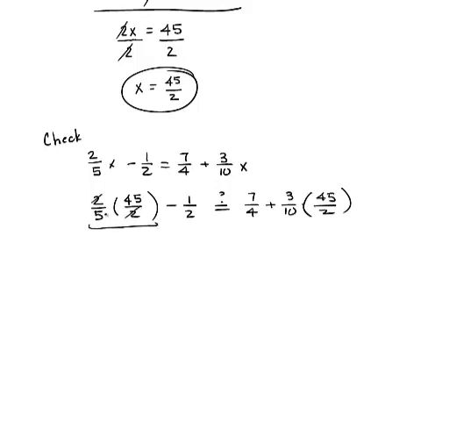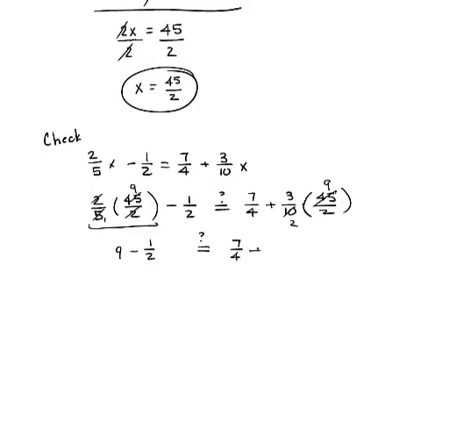My 2's cancel. 5 goes into 5 one time, 5 goes into 45 9 times. So I have 9 minus 1/2. And my question is, does it equal? Let's work on this side. I have 7/4. And 5 goes into 10 2 times, 5 goes into 45 9 times.